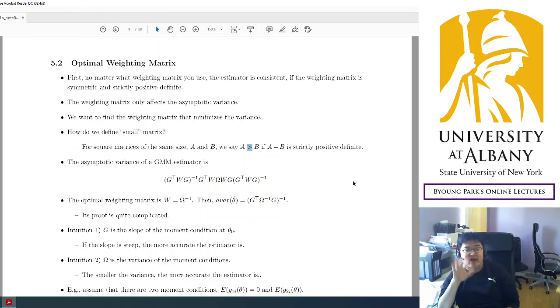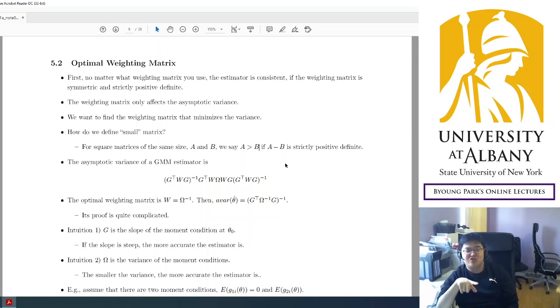However, the first interesting result of this theory is that there exists an optimal weighting matrix, or optimal asymptotic variance, that satisfies this inequality for any possible weighting matrix.